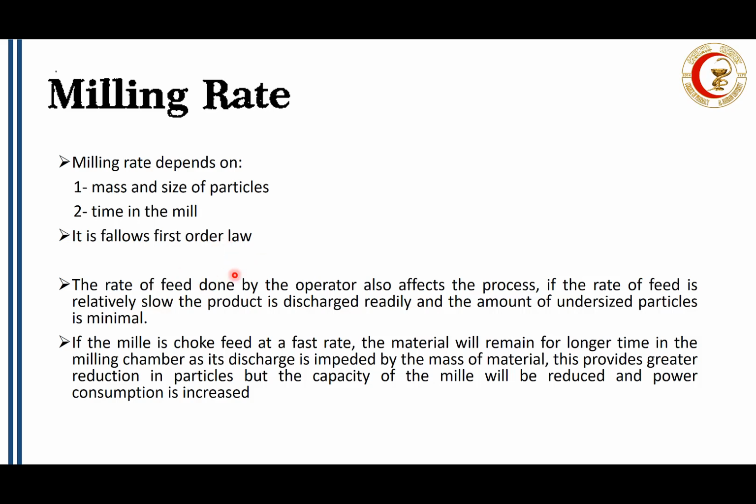We also have another factor, which is the rate of feed by the operator. This also affects the process. If the rate of feeding is slow, then the product discharge is also slower, and the amount of particles of smaller size will be minimal.